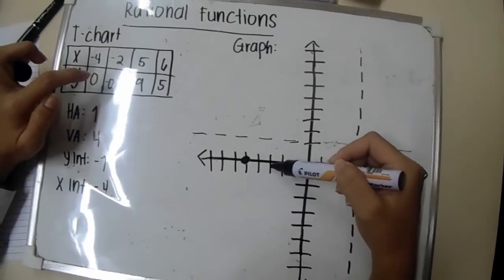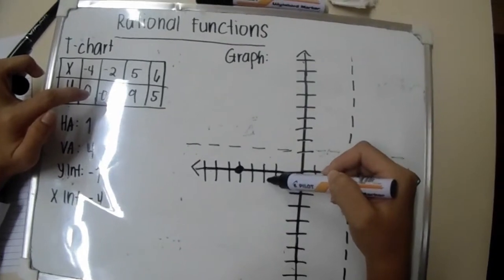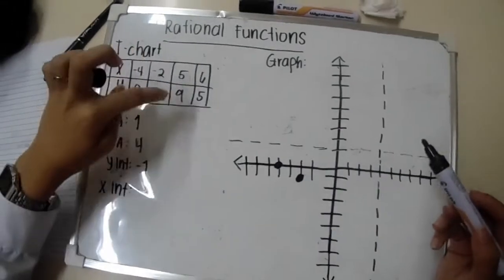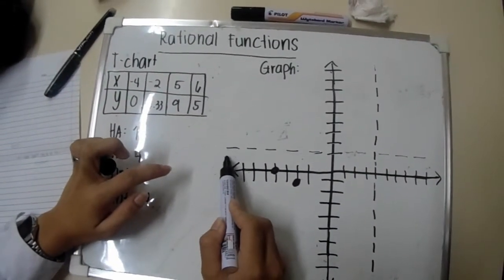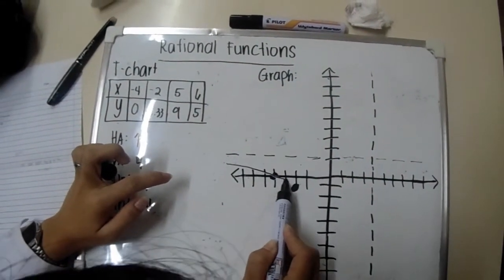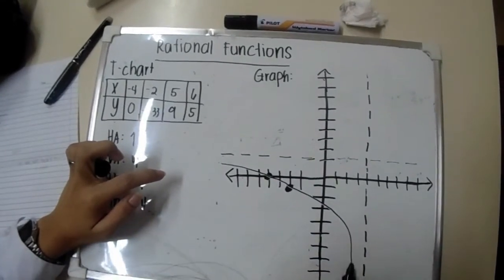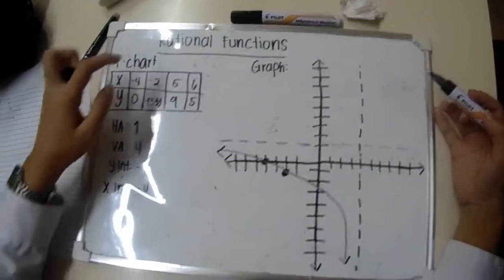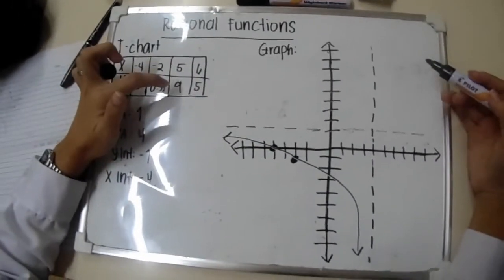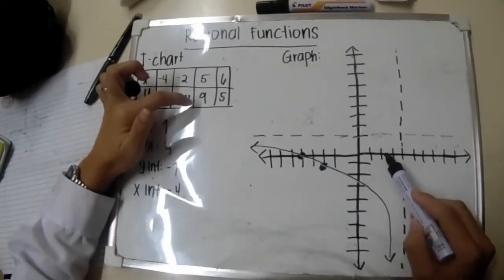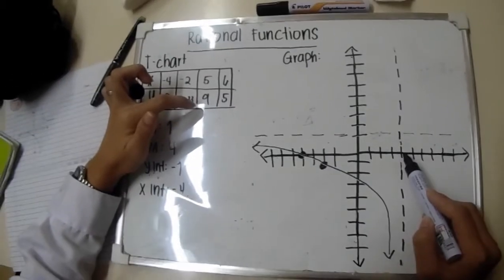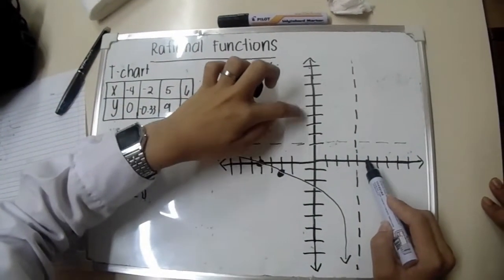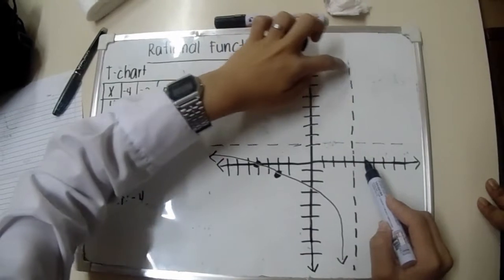Then positive 5 and positive 9. 1, 2, 3, 4, 5, and up to positive 9.